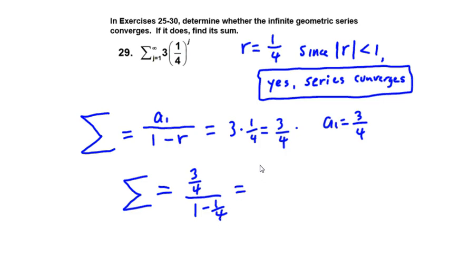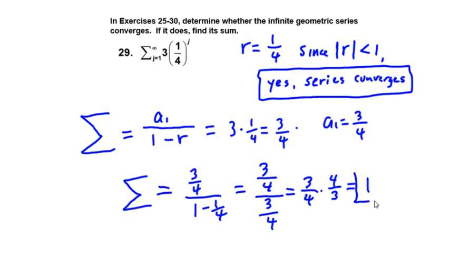Well, that gives us 3/4, and 1 minus 1/4 is 3/4. And 3/4 divided by 3/4, that should be apparent what it is. But if it's not, if we take 3/4 and divide it by 3/4, which is the same as multiplying by the reciprocal of 3/4, which is 4/3, then 3/4 times 4/3 is equal to 1. So 1 is the value that this series converges to.